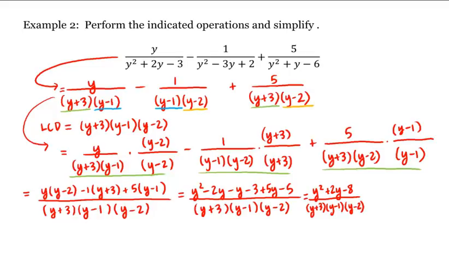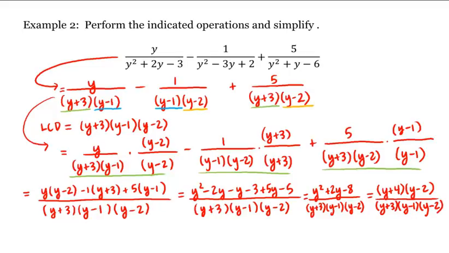And now the numerator factors. It factors into y plus 4 times y minus 2, and then we still have this y plus 3 times y minus 1 times y minus 2 in the denominator.